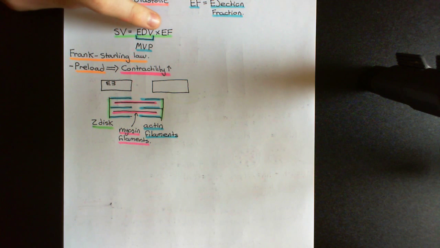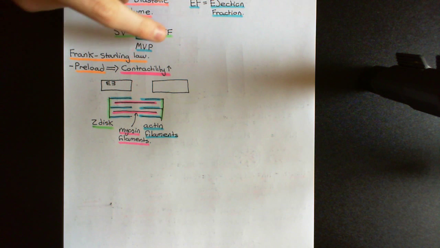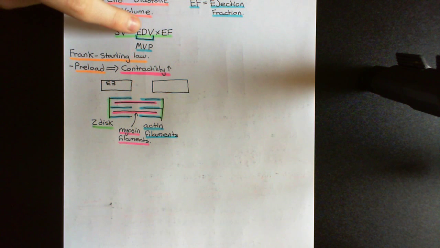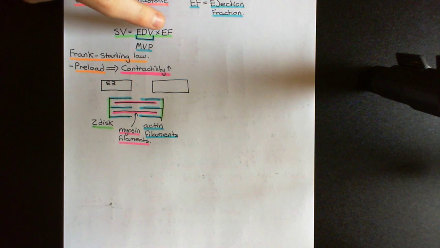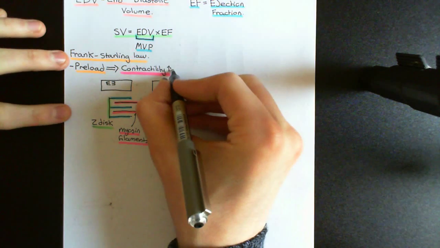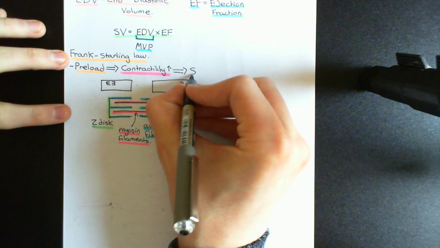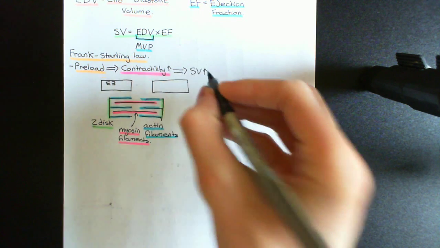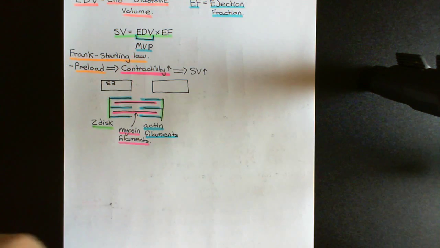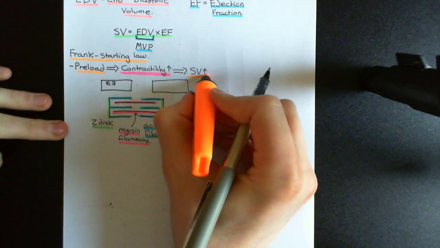It will still go down somewhat, but overall now when you multiply these two together, the elevated EDV and the not so much decreased ejection fraction, you will get a larger stroke volume. So contractility will go up, and this causes overall stroke volume to go up, which of course causes cardiac output to go up, provided heart rate has remained the same.